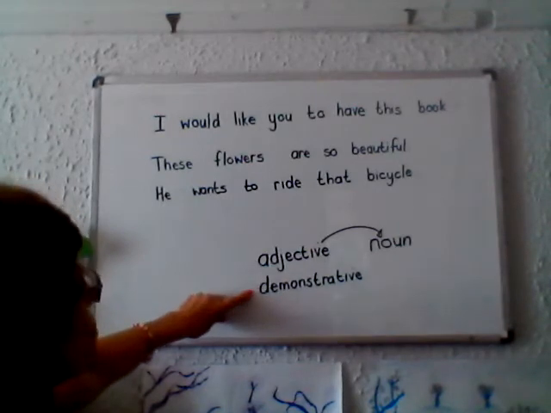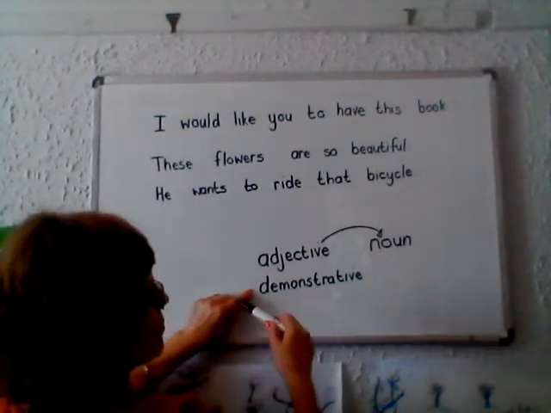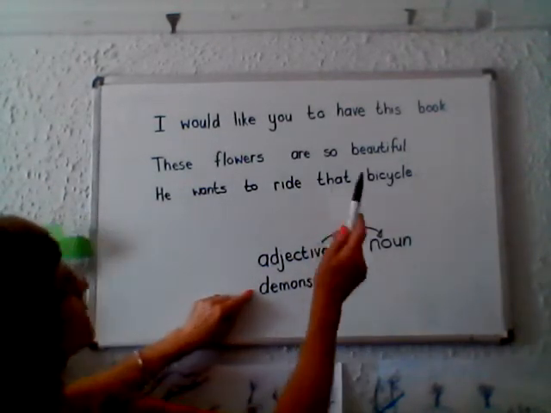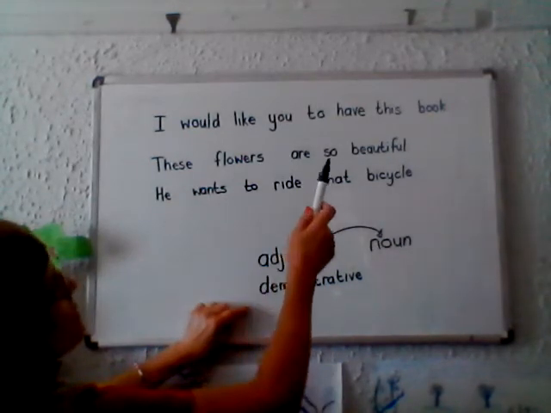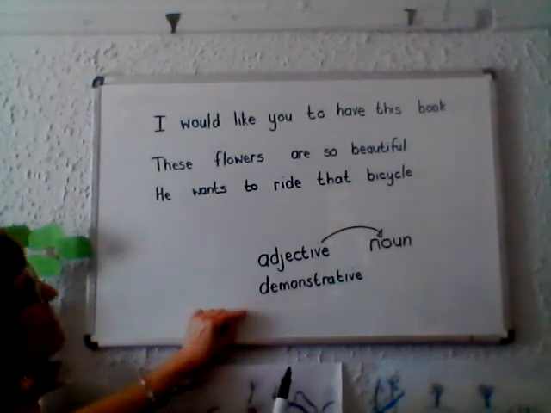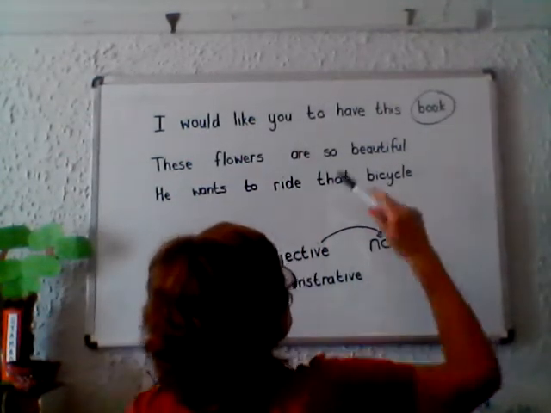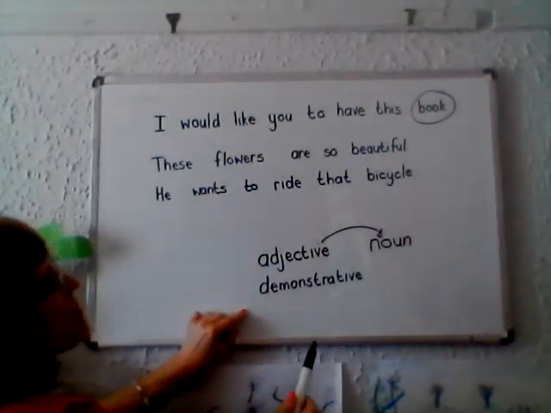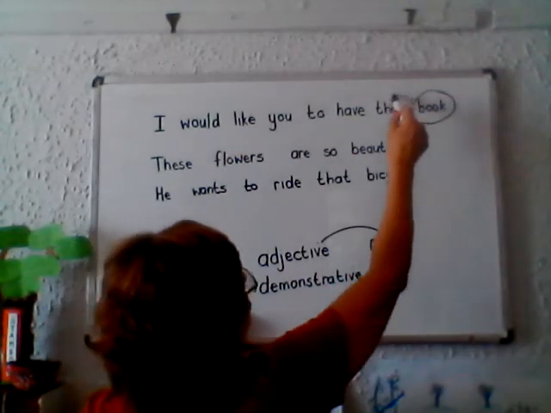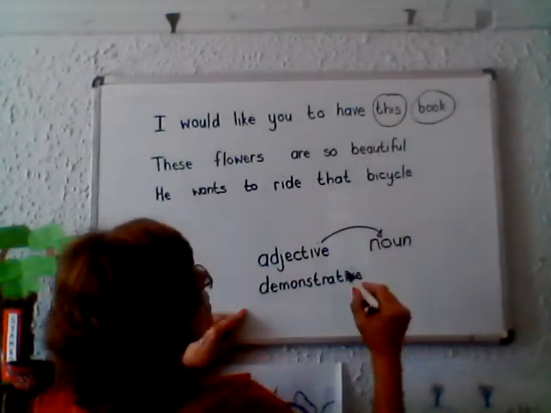So it demonstrates the noun better. So let's see. I would like you to have this book. What will be the noun in the sentence? Book will be the noun. So what word will describe the noun? This book. So this will be your adjective.